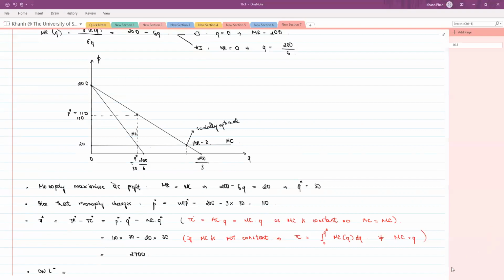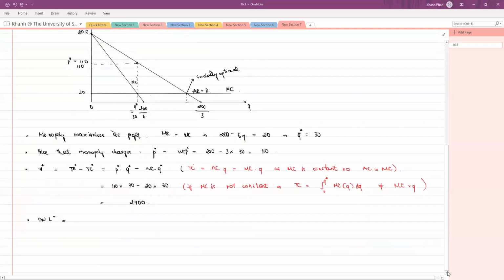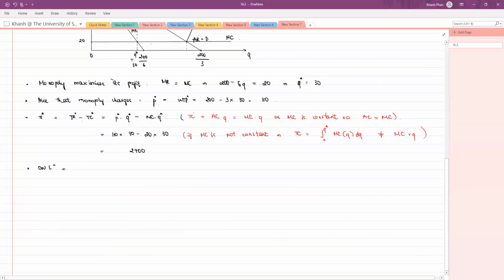So first of all, we would like to find out the level of output there. To find deadweight loss, the first thing we want to find is the socially optimal level of output. That is found by equating the average revenue and the marginal cost curve.